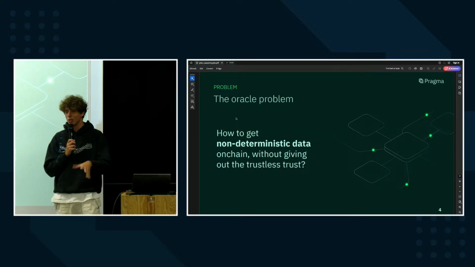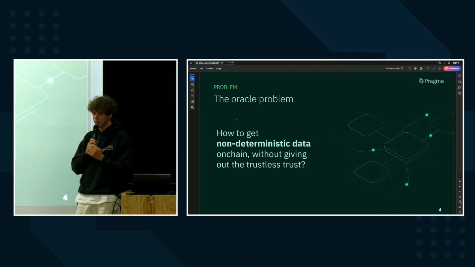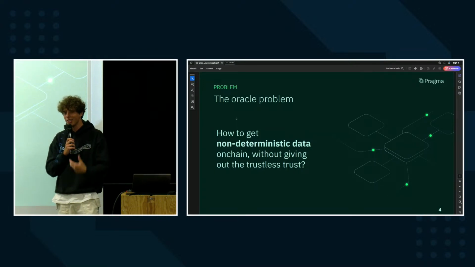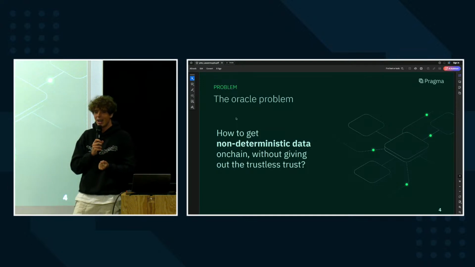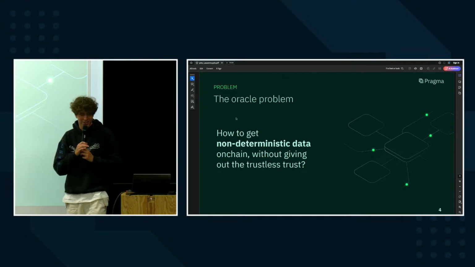All of this is not available on-chain. The blockchain can only access state that is on the blockchain, right? So how can we put that on-chain in a trustless way? We want to introduce as few trust assumptions as possible. Otherwise this whole system doesn't make sense, right?